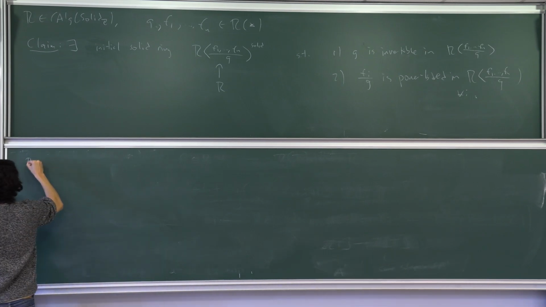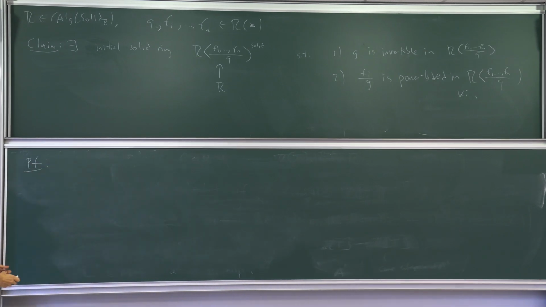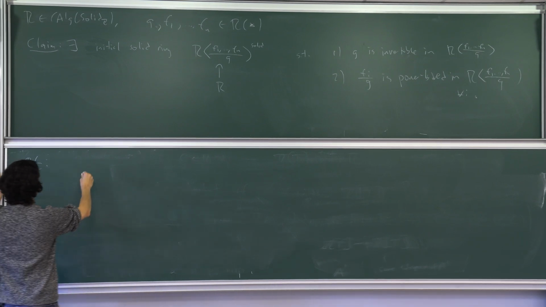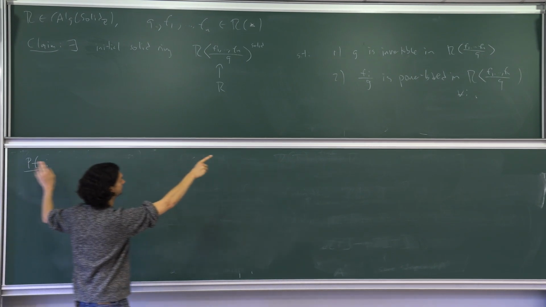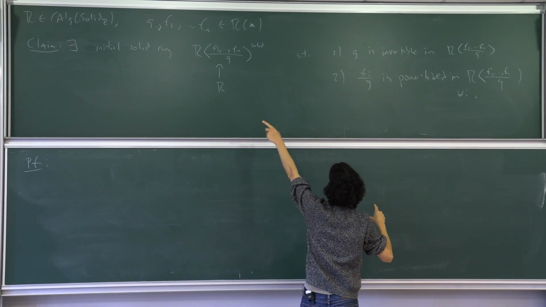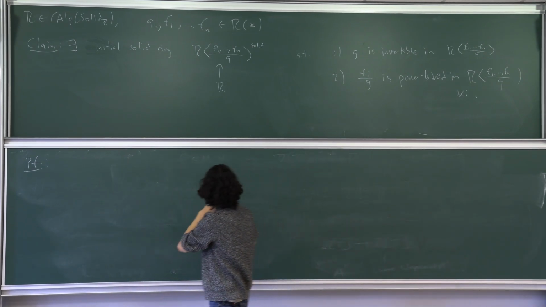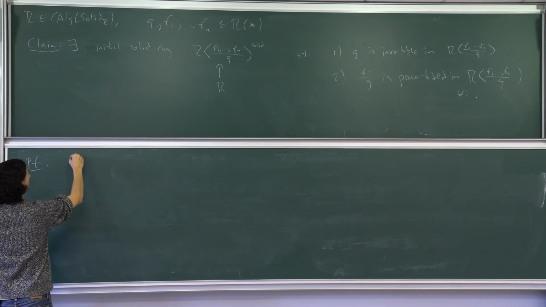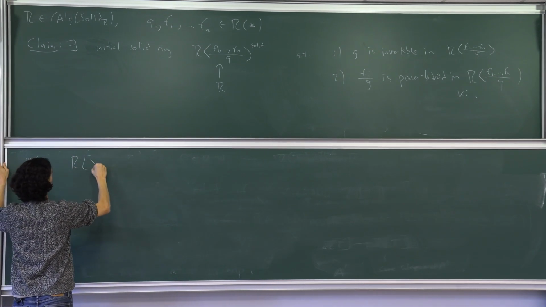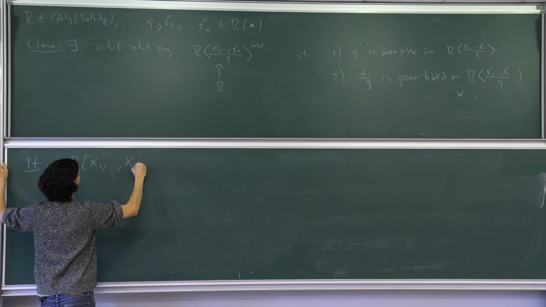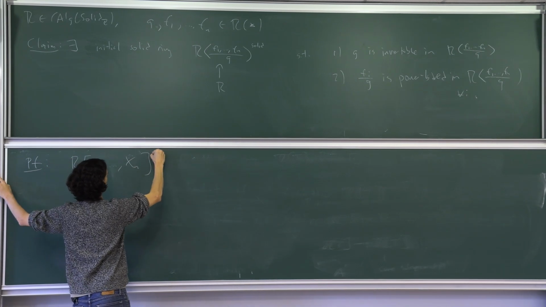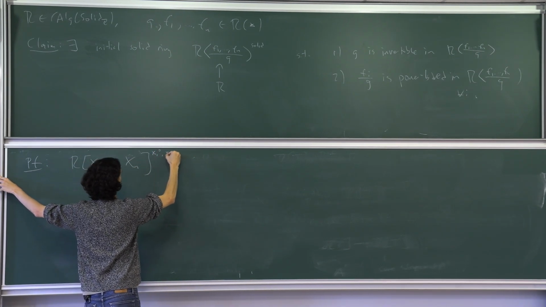So the proof is you can just construct the guy. You could first invert G, but maybe I'll invert G at the end. What you can do is take R and adjoin polynomial variables x_1 to x_n, and then solidify with respect to all of them.